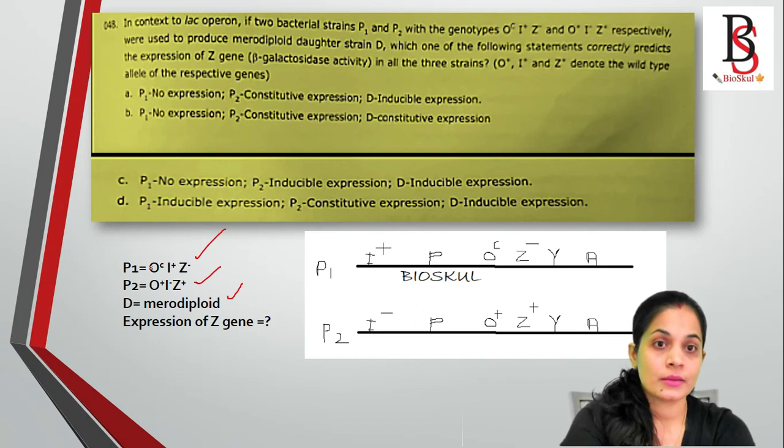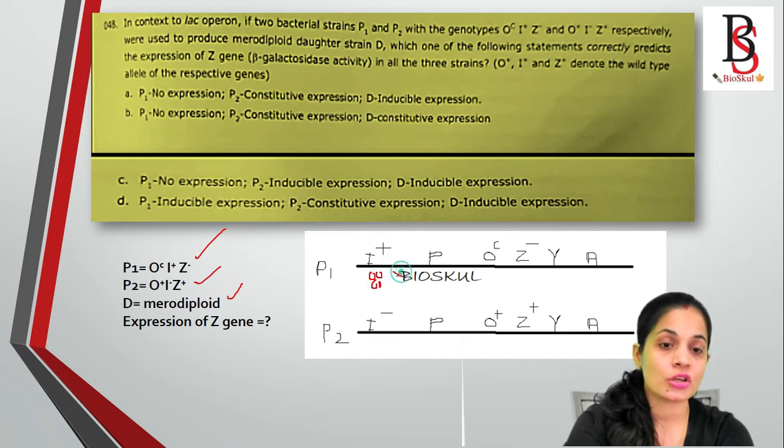So first point, if you get any question on merozygotes, first you have to draw the operon. So here in the operon, the O^C, that means the operator region, is mutated. If the operator region is mutated, though the repressor gene I will produce the repressor, this repressor cannot bind to the operator region.